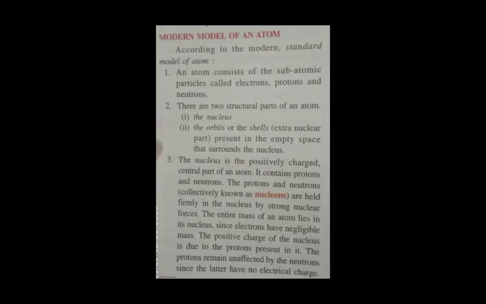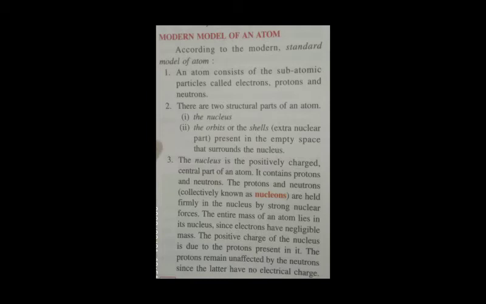Now the modern model of an atom has neutrons and protons inside the nucleus, and electrons moving around the nucleus in different orbits or shells, and these orbits or shells have different energies. So these shells are also known as energy levels.